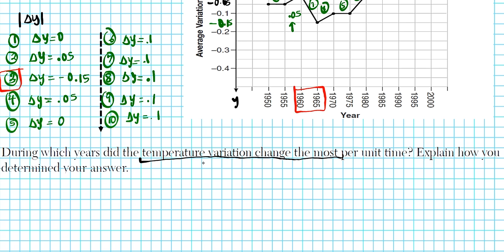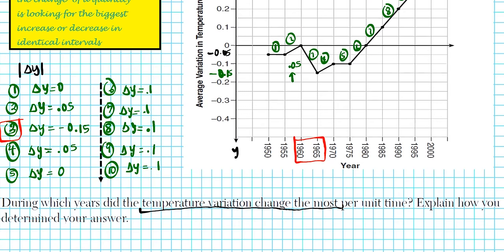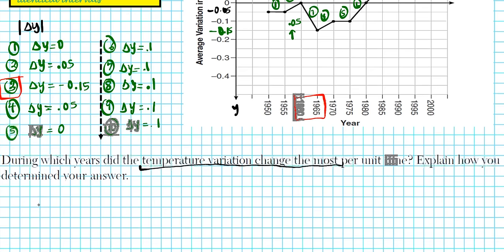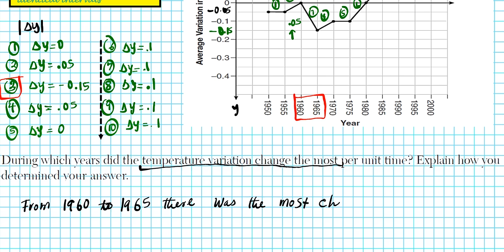So let's determine which years. So the years are from 1960 to 1965. There was the most change in temperature variation.